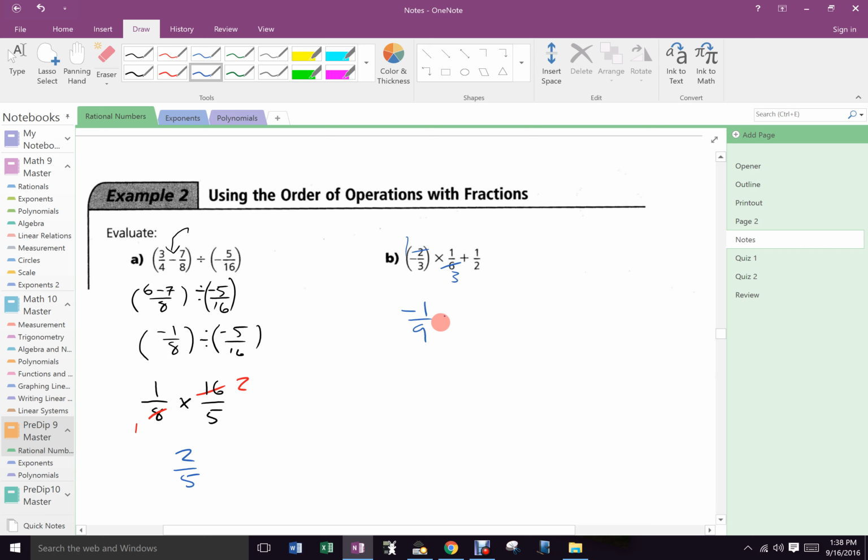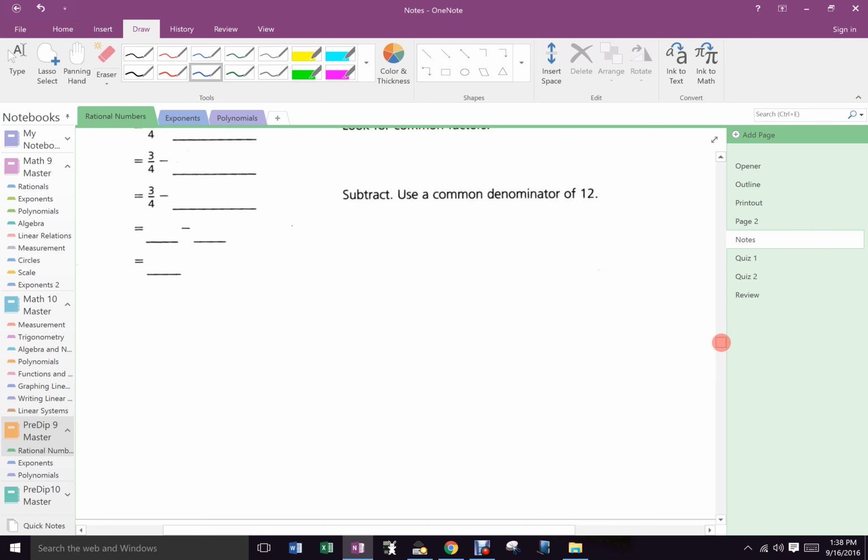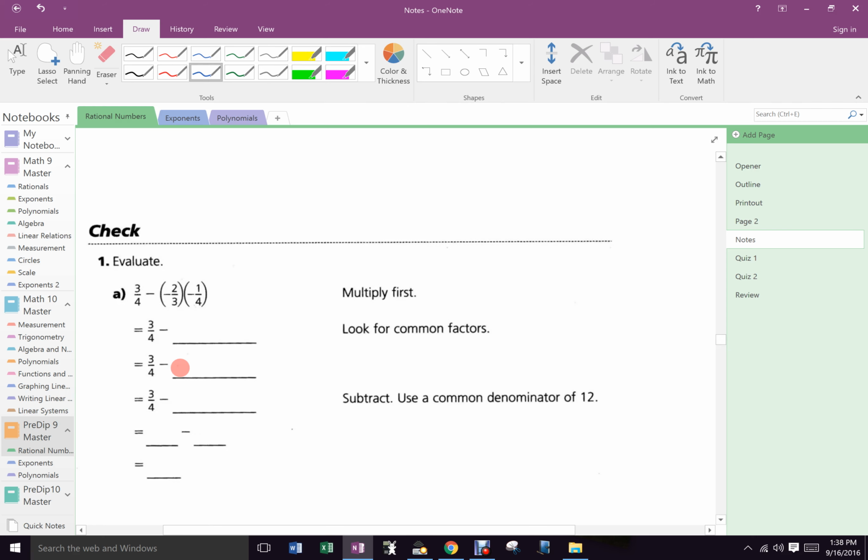Negative 1/9 plus 1/2. What's my combination? 18. Negative 2 plus 1. No. 9. Good. 7/18. And we're done, yes? Yeah. Great. Go. Do that one.